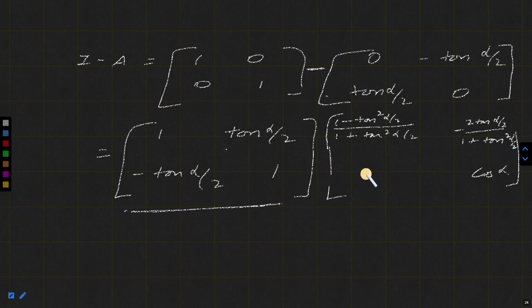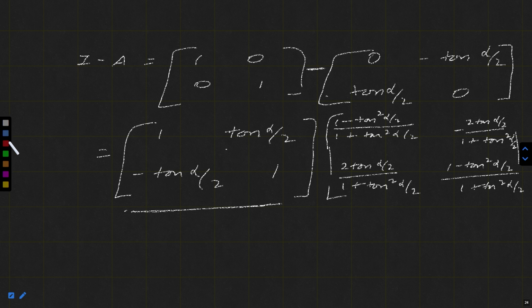And this will be 2 tan alpha by 2 divided by 1 plus tan square alpha by 2, and this will be 1 minus tan square alpha by 2 divided by 1 plus tan square alpha by 2.